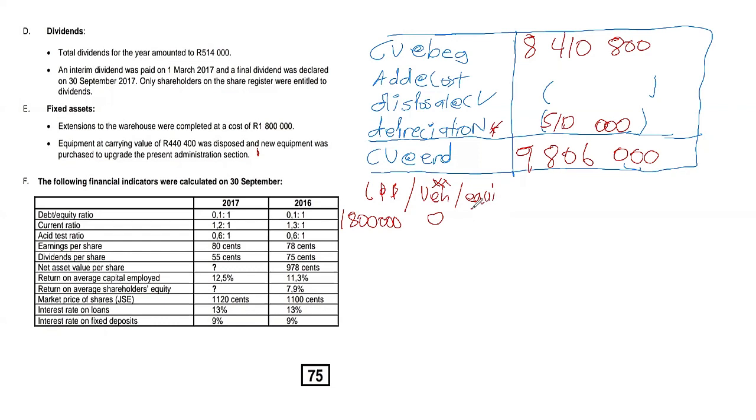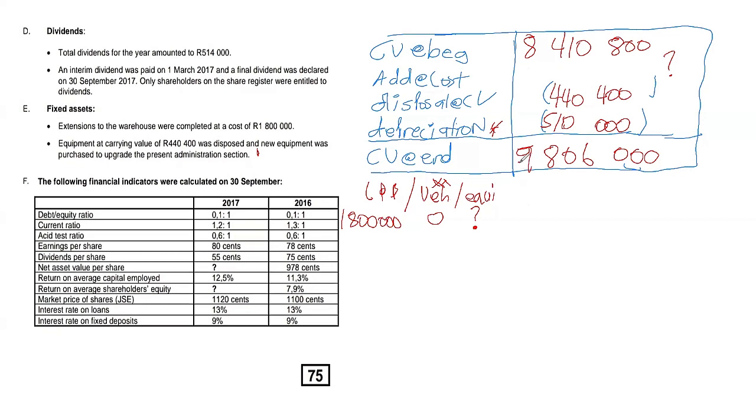So our cost for equipment will be the what? The balancing figure. And therefore, equipment at carrying value, 440,400, was disposed. So we have our disposal at carrying value, which was 440,400, right? And then again, our additions at cost will be the balancing figure. Now remember, our balancing figure, you start from the bottom upwards.